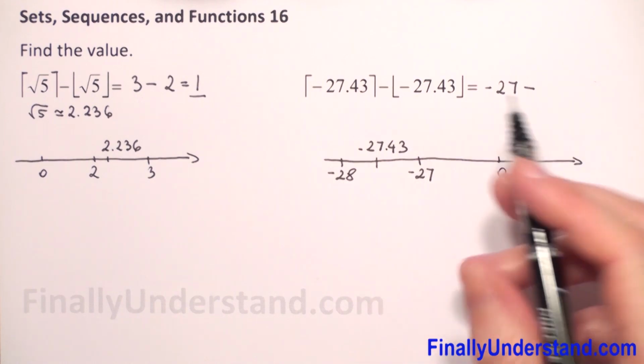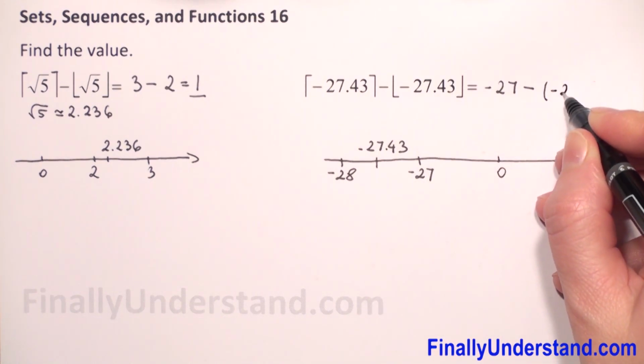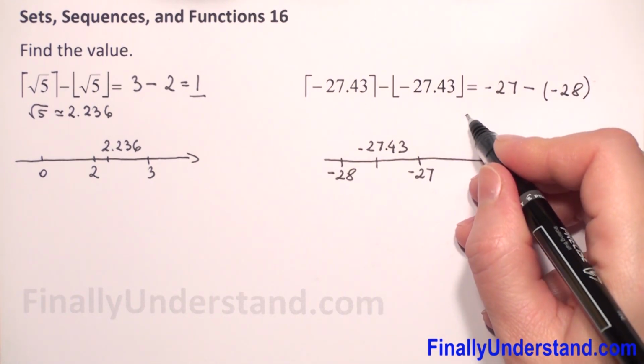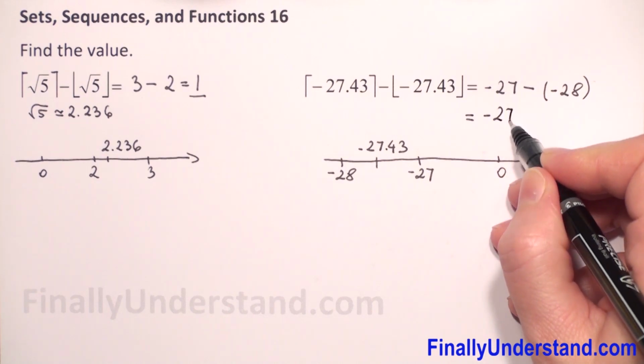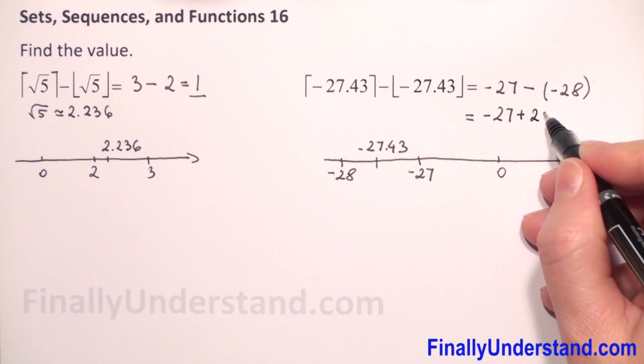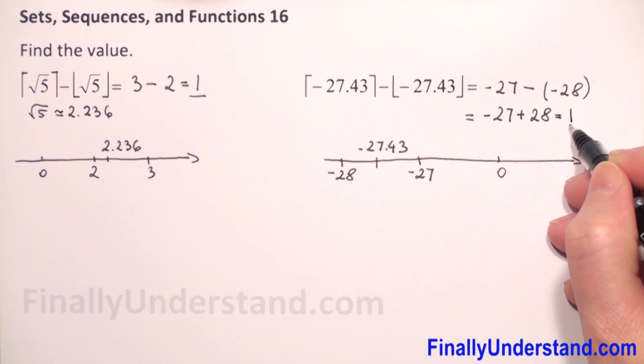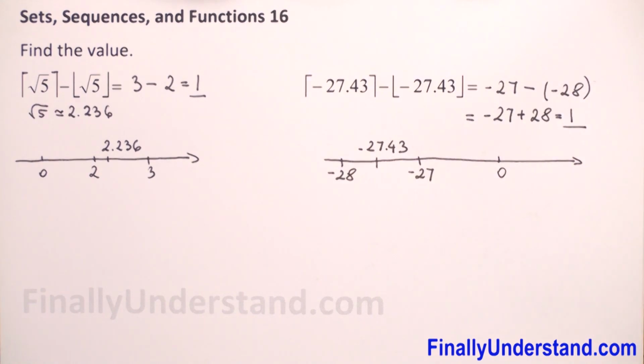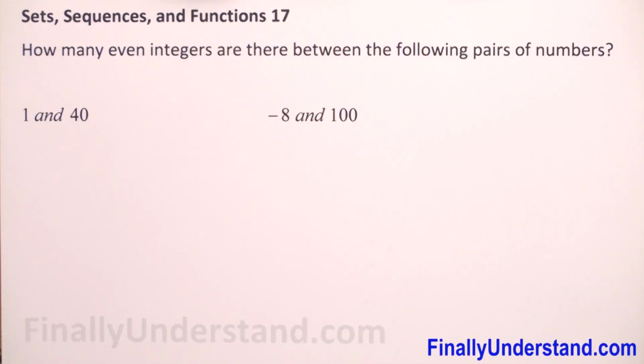And this is negative 28. So this is equal to negative 27 plus 28, which is equal to 1. This is my solution.